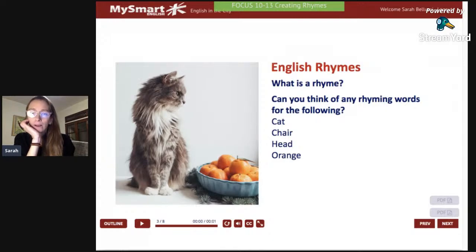Let's see what you guys come up with. Ecco, very good. It's the first word I thought of as well. Bed, lead, red. Yes, the past simple of read, read, bread, exactly.